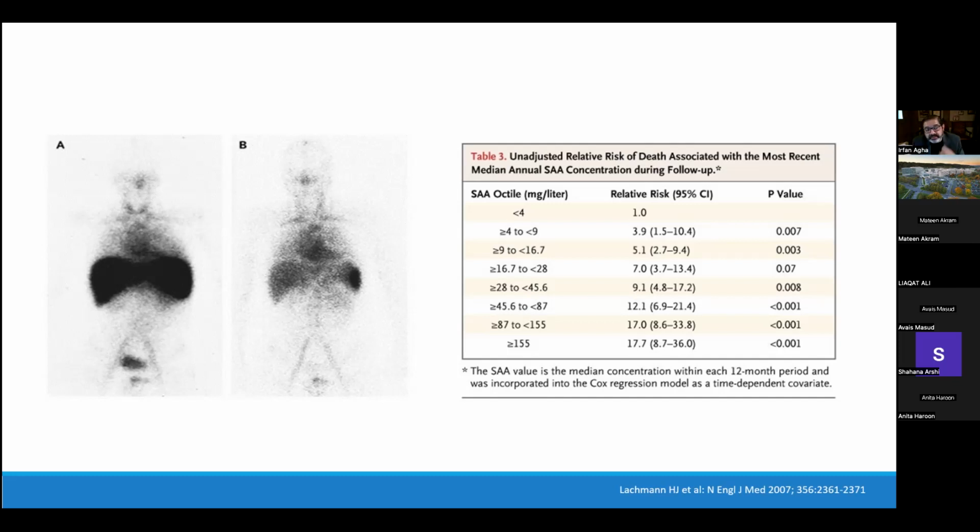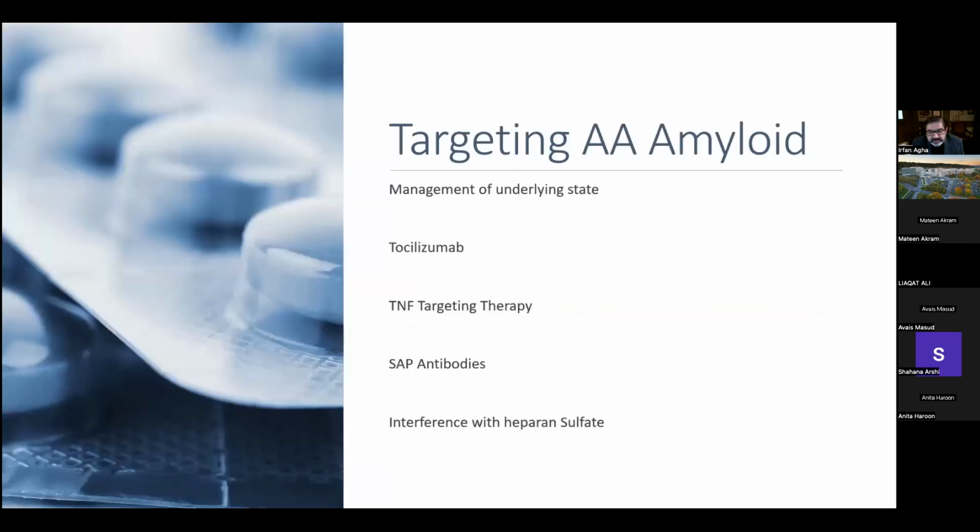On the graph on the right side, you see the SAA divided into octiles. If your level was low and it went up to the highest octile, your relative risk of death went up 18 times. That's a fairly significant increase.